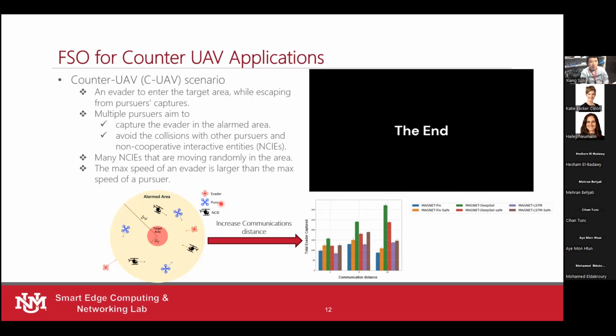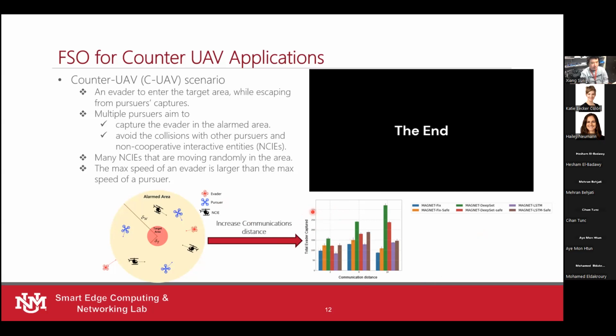If we incorporate wireless communications, meaning that if one UAV observes the evader, it notifies the location of the evader to other UAVs within its one-hop communications, then we can increase the capture rate. The result in this graph demonstrates this.